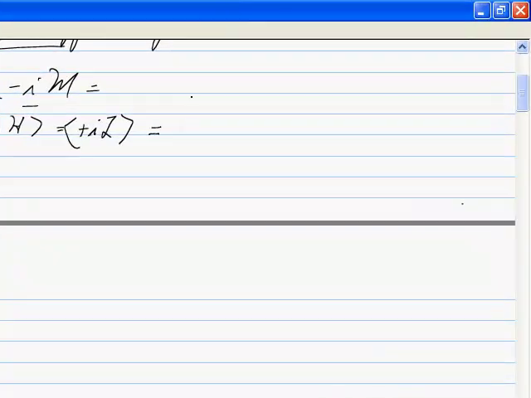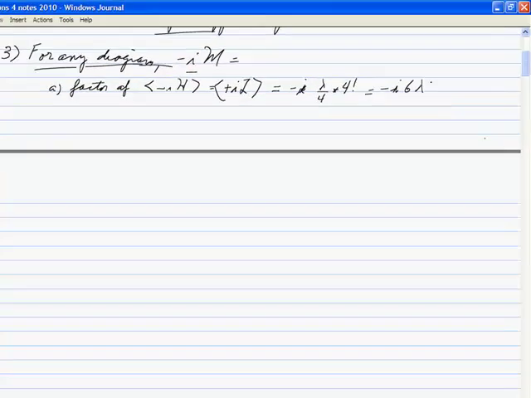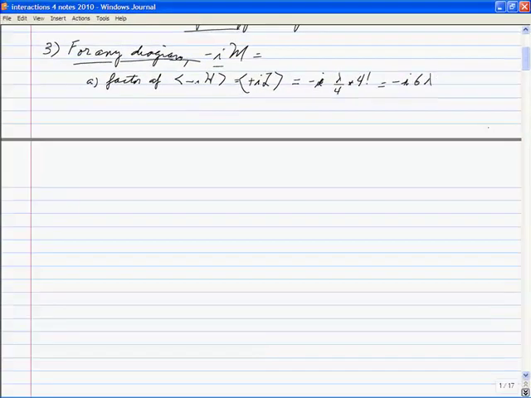Here, this is minus i times lambda over 4 times 4 factorial, the counting factor, which is minus 6i lambda. So at each vertex you get that. We got that factor once already. When we did the simplest lowest order diagram, we got minus 6i lambda for minus iM. So that's the typical thing you get.